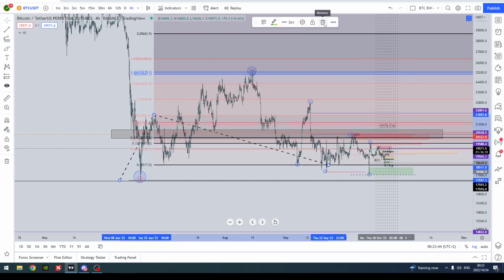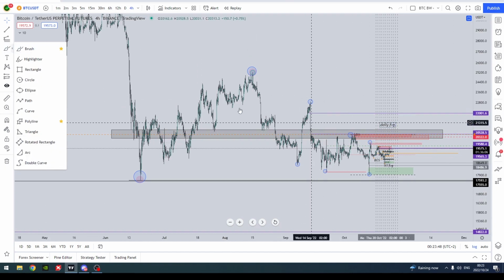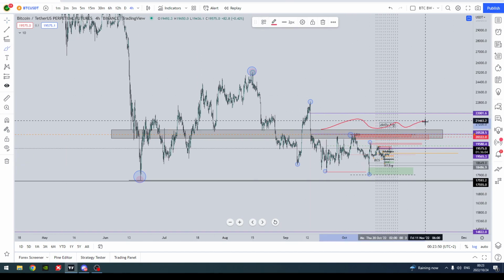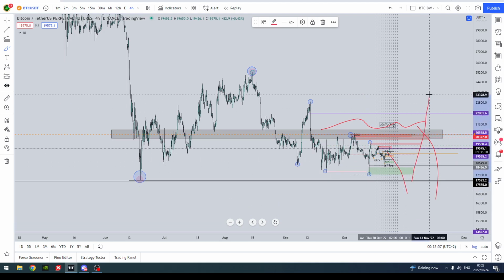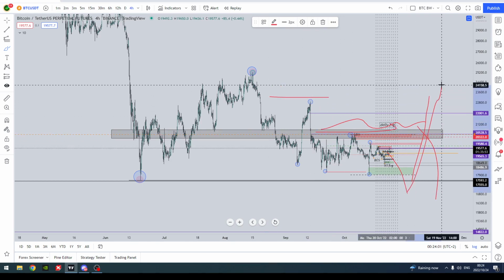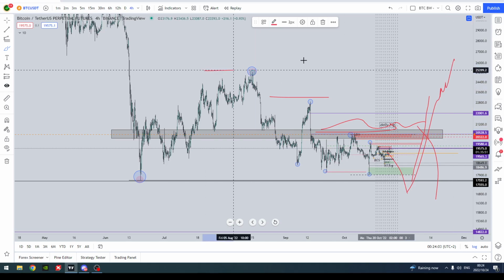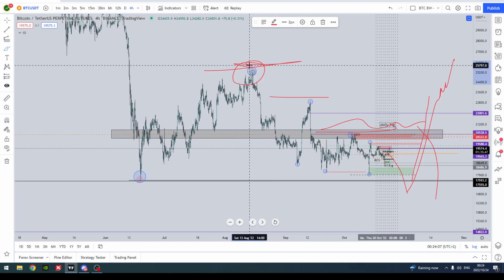So those are points of interest for me that I'd like to see hit in here and roll over. Or if we roll over first, then these levels would become inducement levels, and price would then come back to take them, even up here. If it takes this, this would be a break of structure.